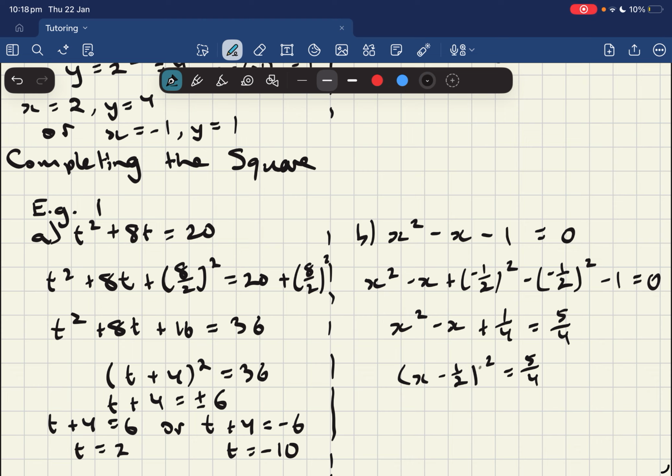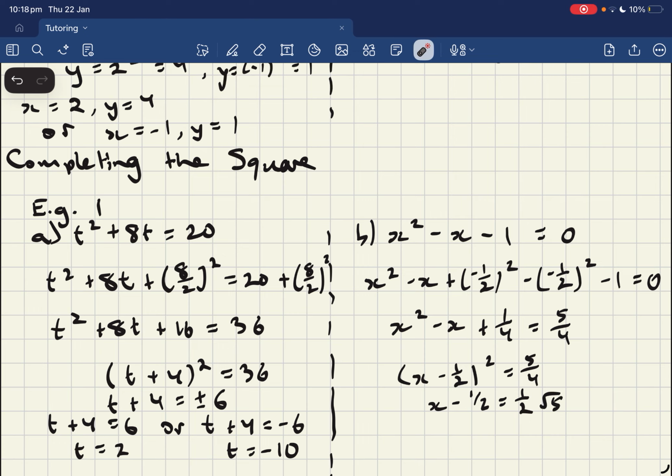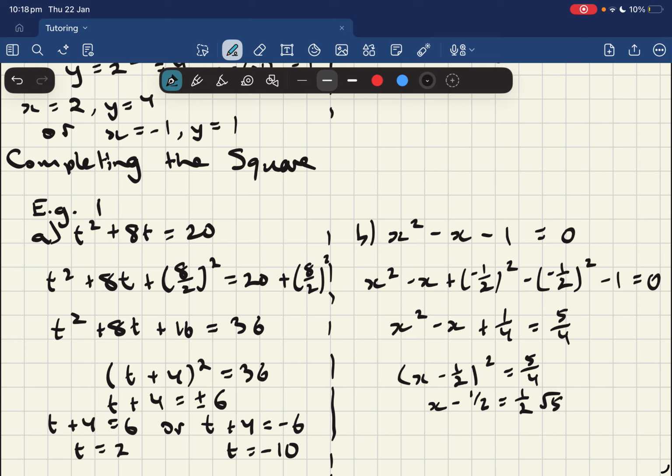And then I'm going to square root both sides. So I get x minus a half equals, if I square root 1 over 4, it gives me a half, multiplied by root 5. That's the numerator over here. And I get positive or negative, so I get plus or minus.